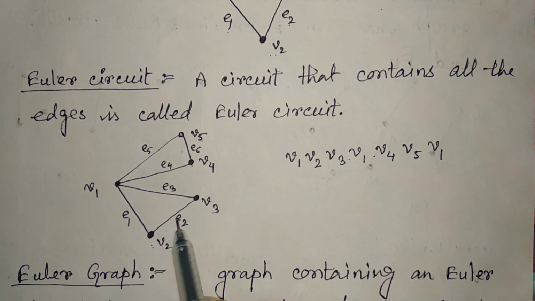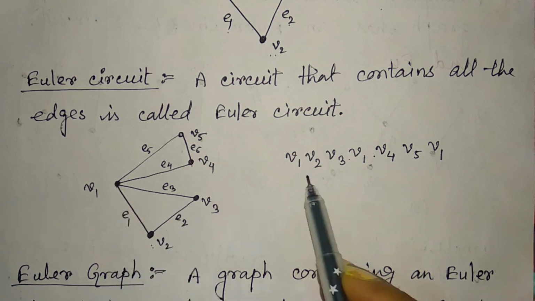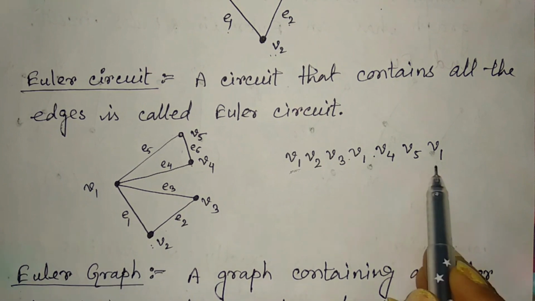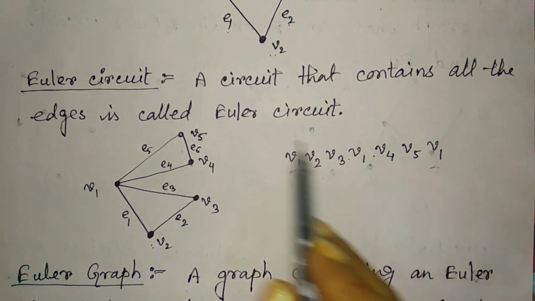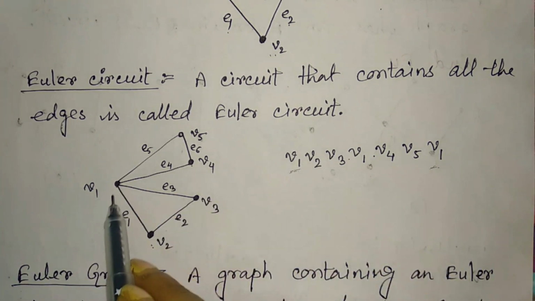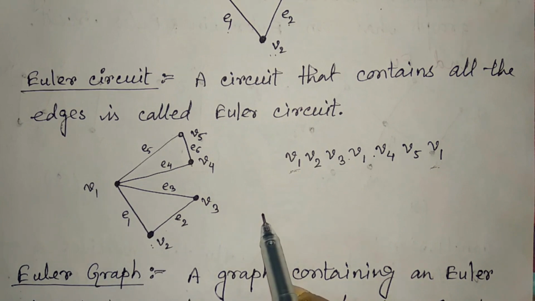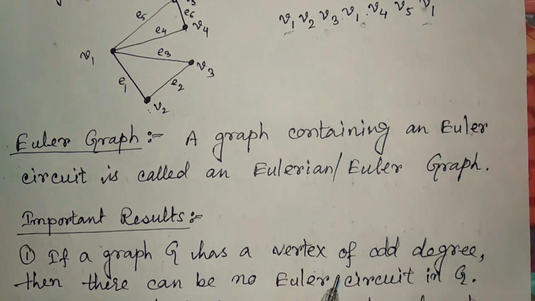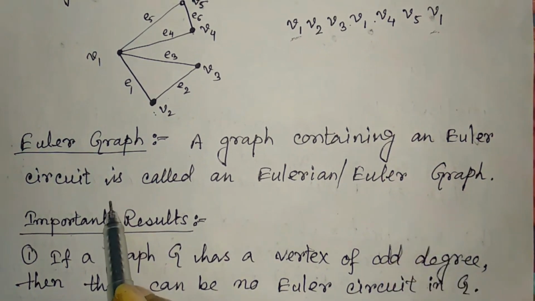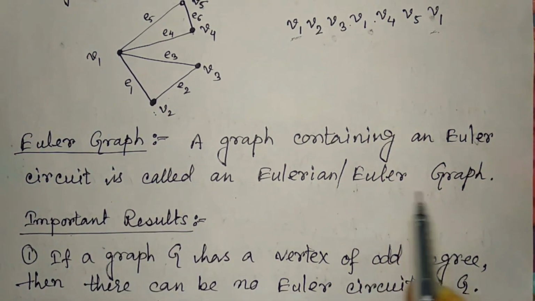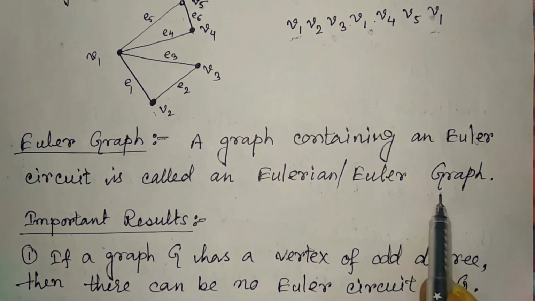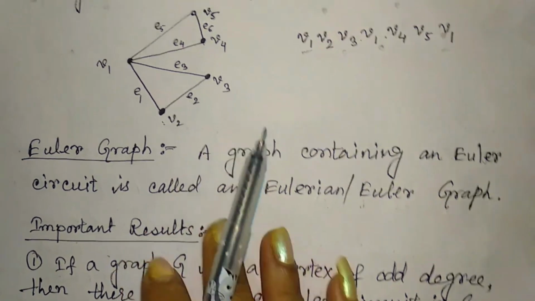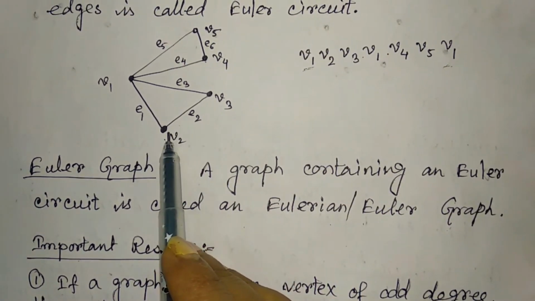Moreover, its starting vertex is V1 and its end vertex is again V1, so it is forming a circuit. This is called the Euler circuit. Now, a graph which contains an Euler circuit is called an Euler graph or Eulerian graph. So this one we can say is an Euler graph.